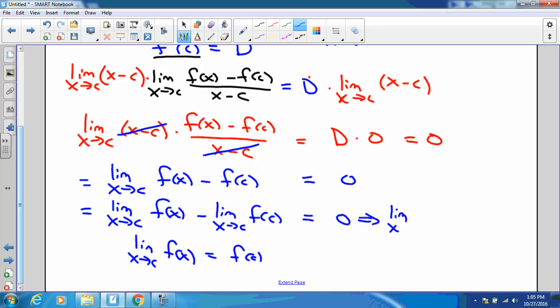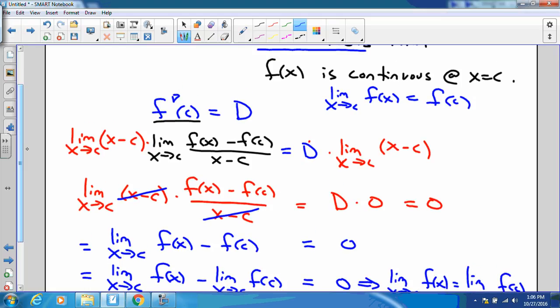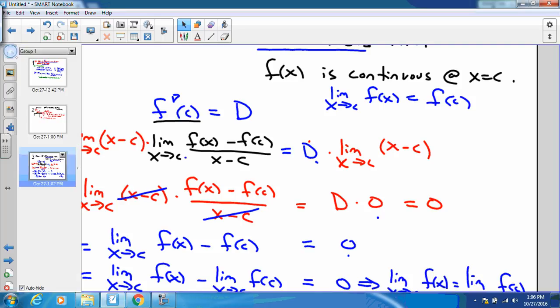So that when I add f of c to both sides, then I get that the limit as x goes to c of f of x must be the same as f of c. And all of that happens because my derivative was equal to some value d, and ultimately d times 0, no matter what d is, will be 0.